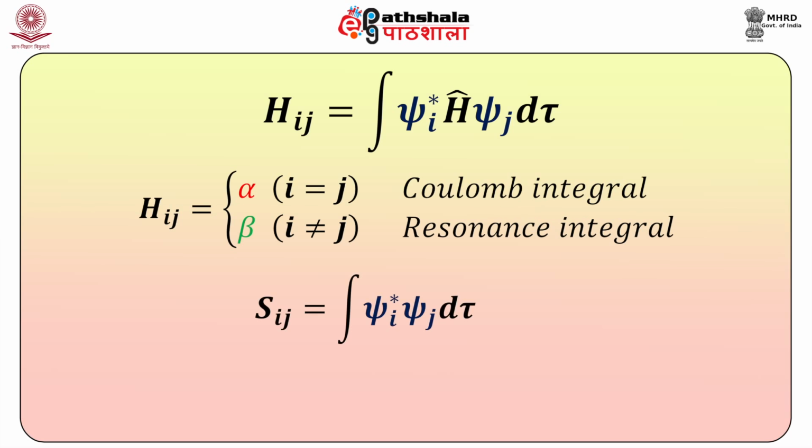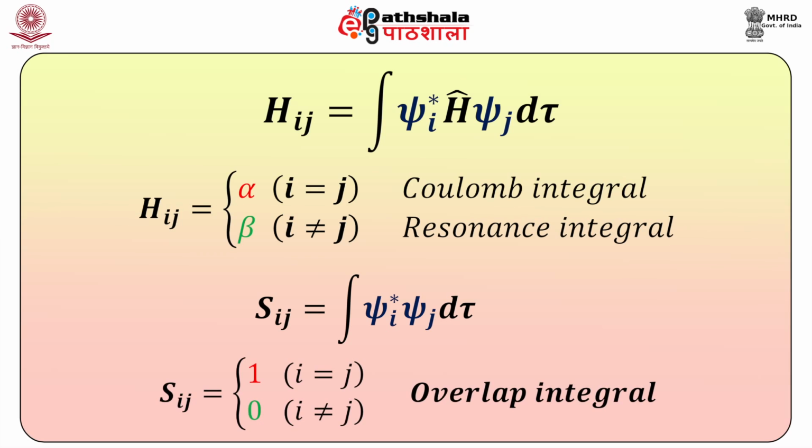Similarly, S_ij, represented by the integral of psi_i star psi_j d tau, is equal to 1 if i is equal to j, and equal to 0 if i is not equal to j.